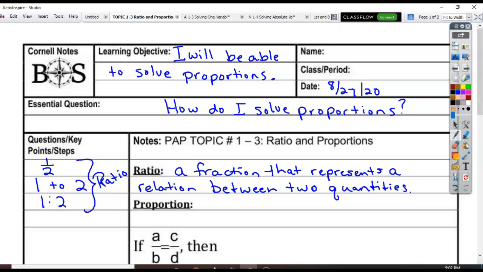Right? Then a proportion. A proportion is two ratios equal to each other. Just set them equal to each other. Okay?